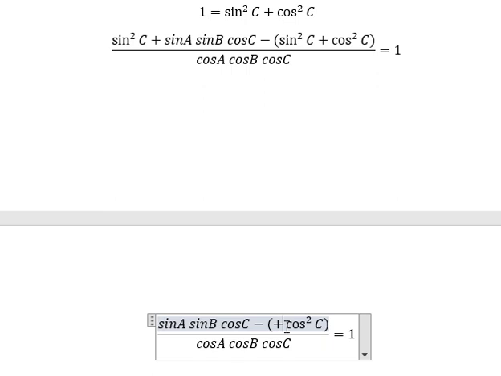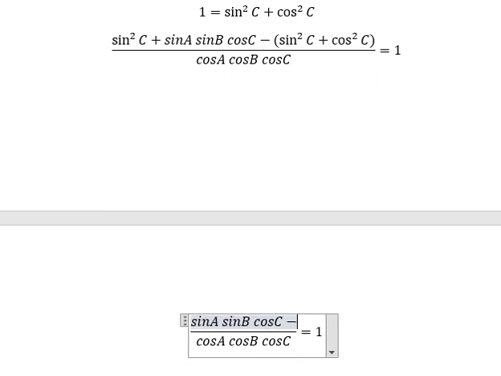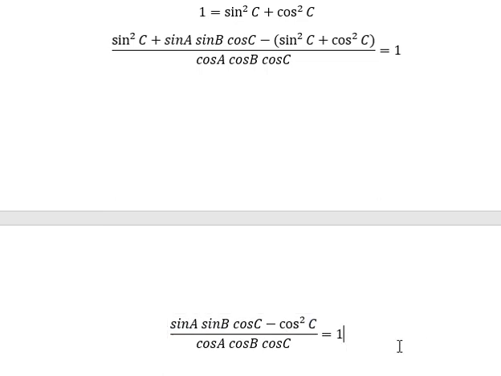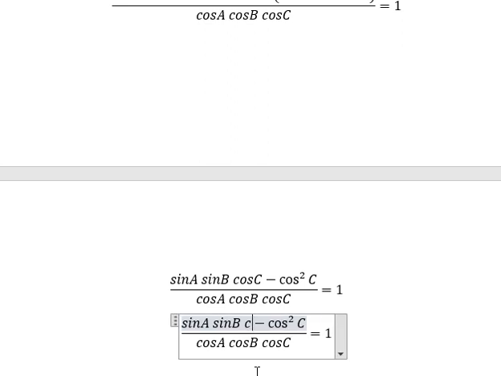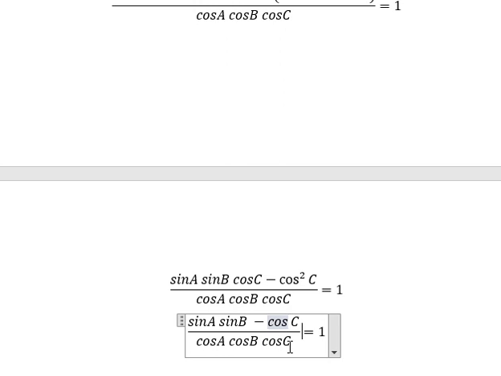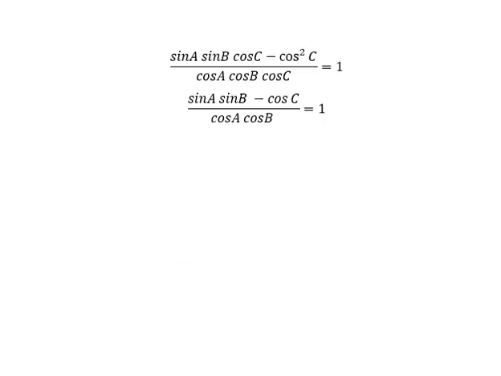So we just have negative cosine C square. Now we have cosine C, and cosine C. We simplify. Now we put cosine A, cosine B go to the right.